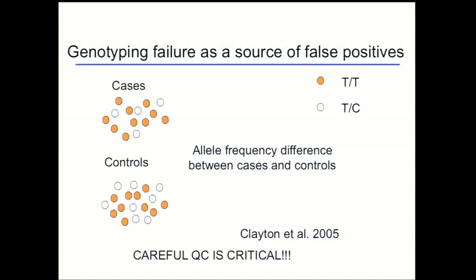And then the last thing is that this genotyping failure will usually be specific to that particular SNP and not necessarily to the SNPs nearby. And so if you have SNPs nearby that are in linkage disequilibrium or correlated with the SNP that's having the selective failure, you can predict when that genotype is going to fail based on the genotypes of the surrounding variants.